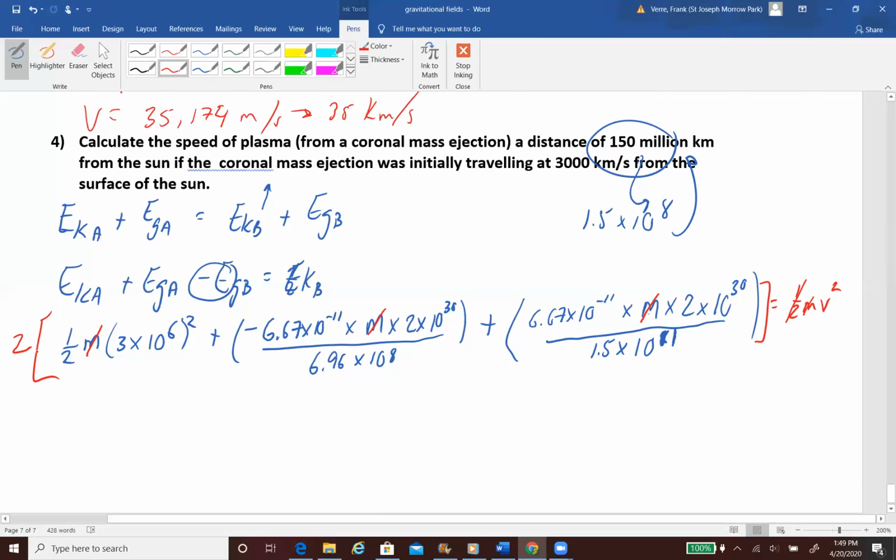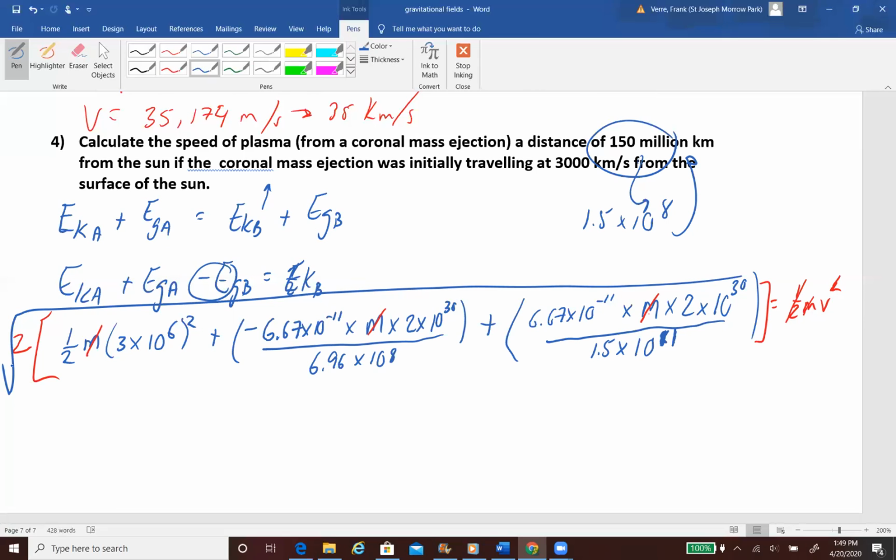And then we could take the square root of all that. And that would give us the velocity at this point, which would be a velocity of about 2.9 times 10 to the 6 meters per second.